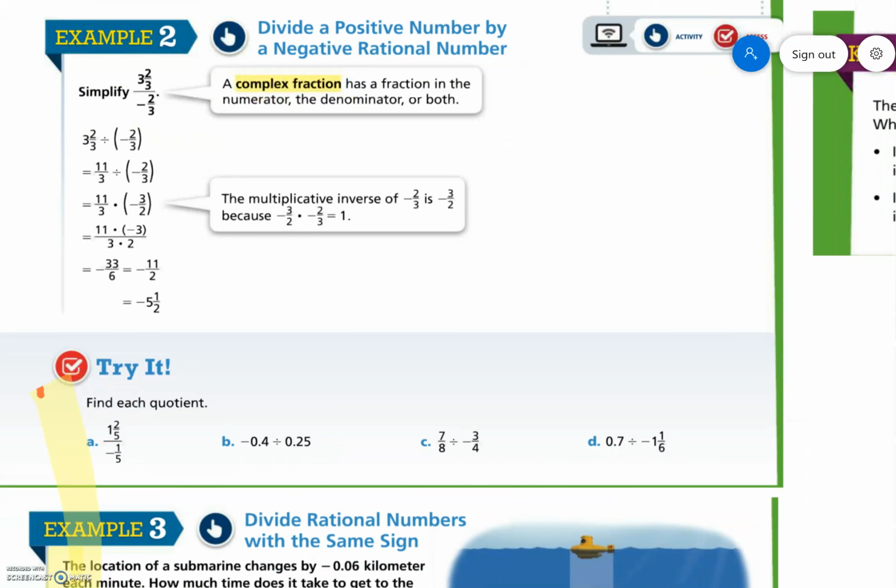Example number 2. Divide a positive number by a negative rational number. So we're doing a positive by a negative. Simplify. Complex fraction has a fraction in the numerator, the denominator, or both. Remember that I said if it's a fraction, we can put dots and just write a division problem, which is exactly what they did.